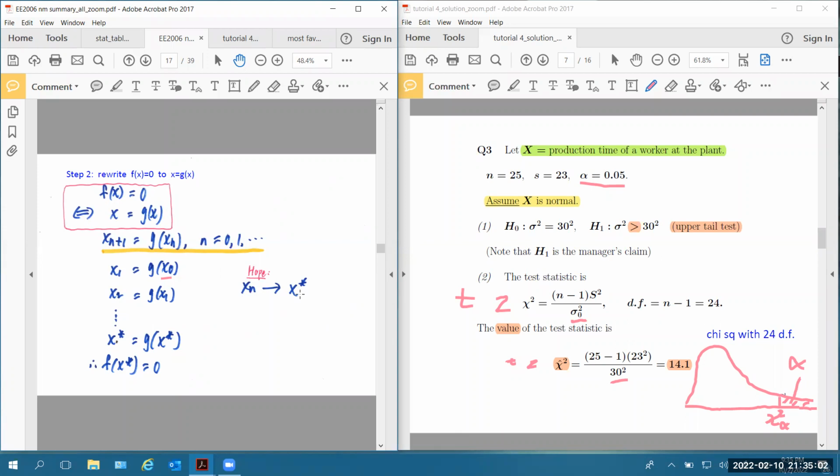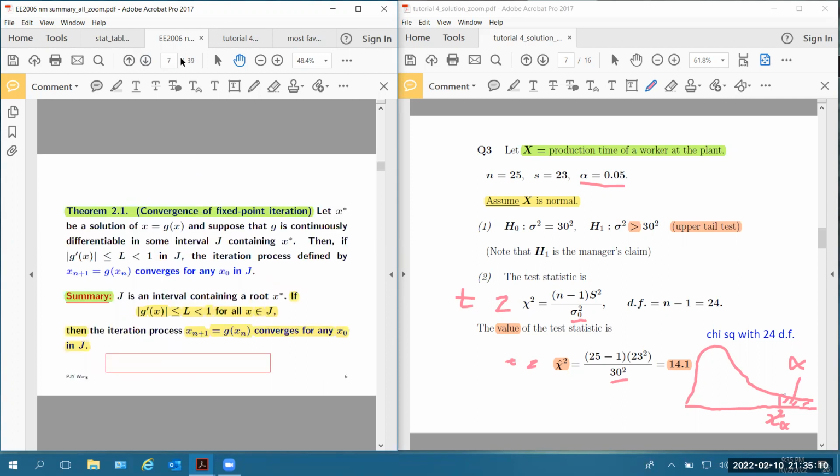Now to do this testing, let's go to this page here. There's a theorem inside our lecture notes. And you see here, convergence of fixed point iteration. So you see here x star is the solution. g is continuously differentiable in some interval J containing x star.